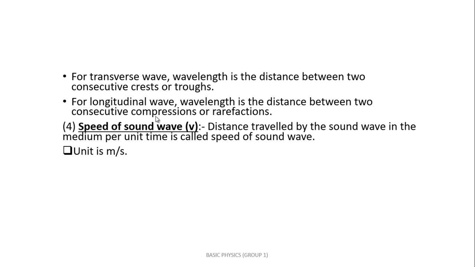The distance traveled by the sound wave in the medium per unit time is called speed of sound wave. જેવી રીતે આપણા વ્હીકલની સ્પીડ હોય, બસની સ્પીડ, કારની સ્પીડ, એવી રીતના વેવની પણ સ્પીડ હોય. તો આપણે ડિસ્ટન્સ કવર કરીએ અને કેટલા ટાઈમમાં કેટલું ડિસ્ટન્સ કાપ્યું એને આપણે સ્પીડ કહીએ છીએ. એવી જ રીતના અહીંયા ઇન ધ મીડિયમ, મીડિયમ એટલે ઇન વોટર, ઇન સ્કાય, ઇન વેક્યુમ, in air, different types of medium are there.